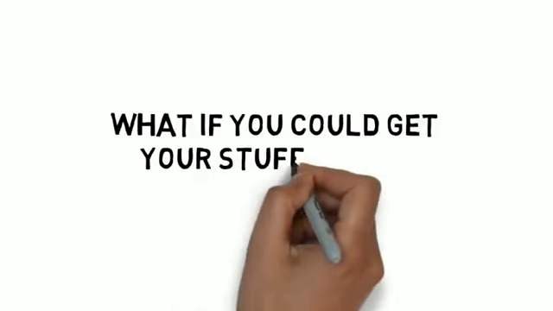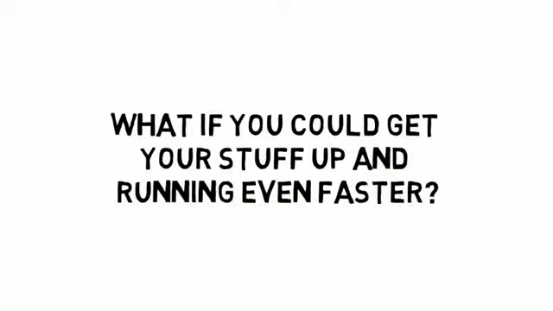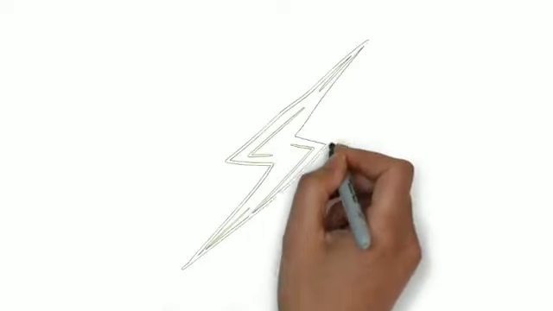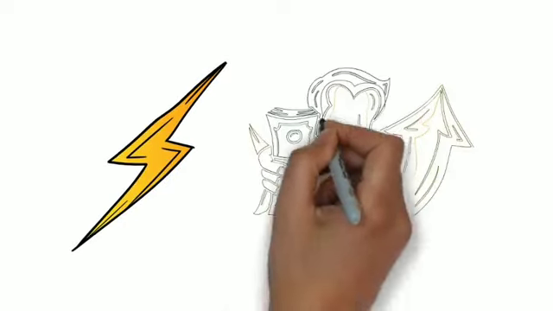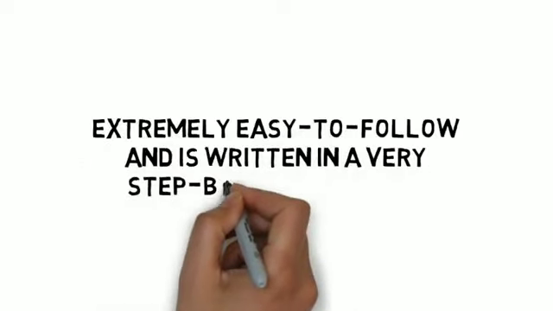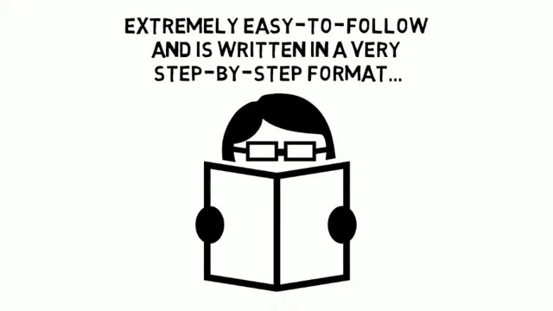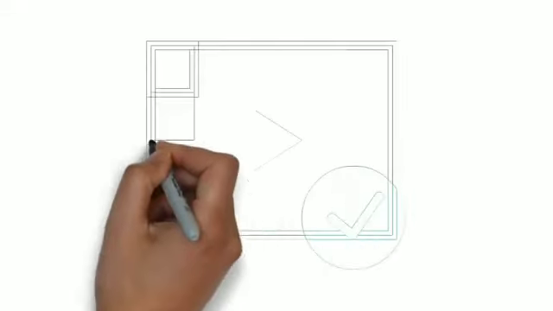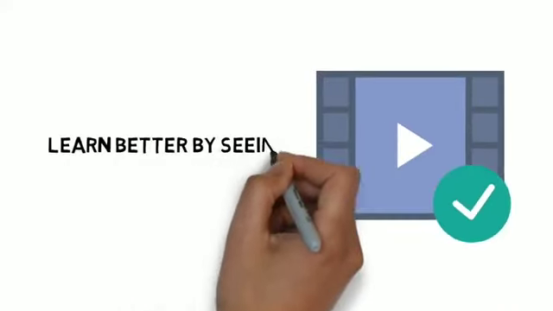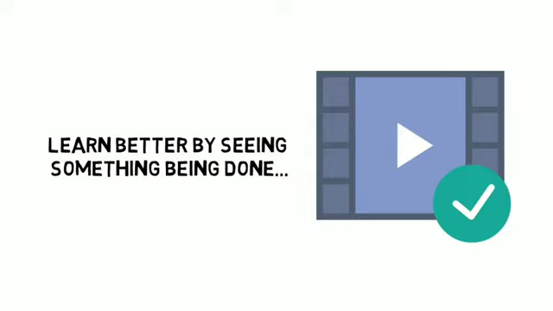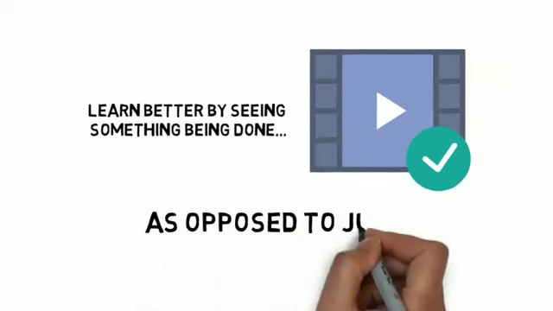But what if you could get your stuff up and running even faster? And not only will you get results faster, but what if you could get better results and make even more money? Although the ebook you just purchased is extremely easy to follow and is written in a very step-by-step format, it's a proven fact that most people are visual learners and learn better by seeing something being done, as opposed to just reading about it.